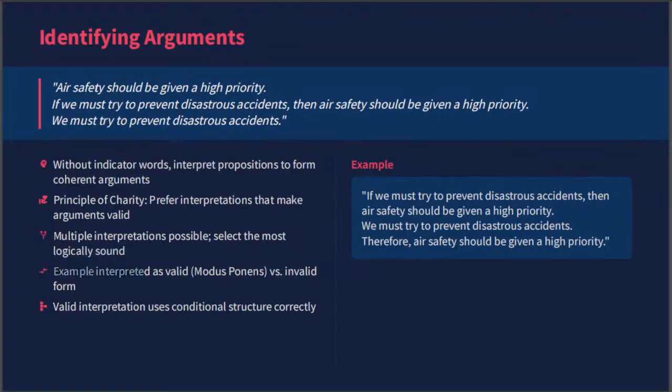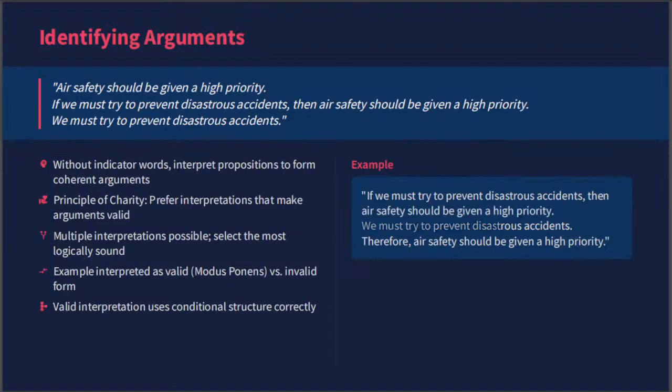The example interpreted as valid, the modus ponens, versus an invalid form. So we'll see that in a second. The valid interpretation uses conditional structure correctly. So we want to do a valid interpretation of this word salad. So here's an example. If we must try to prevent disastrous accidents, then air safety should be given a high priority.